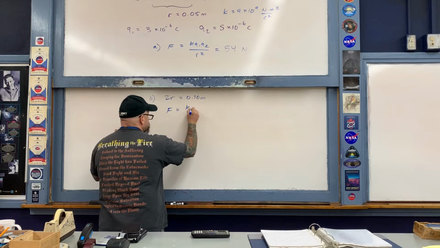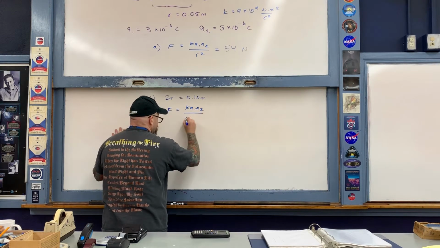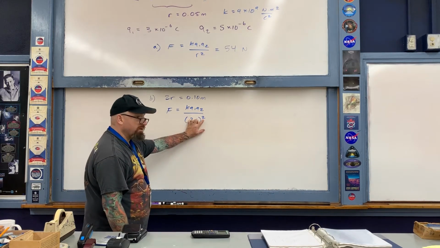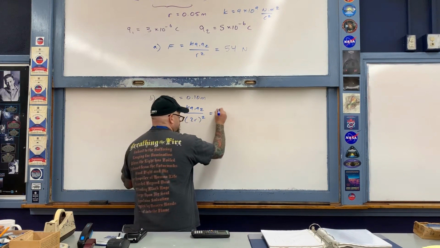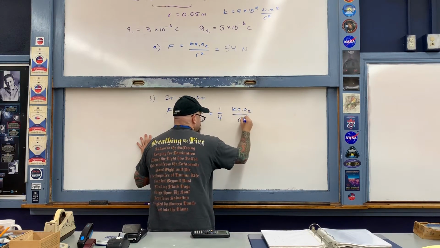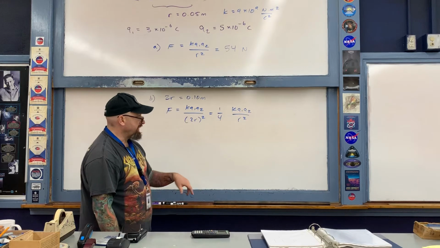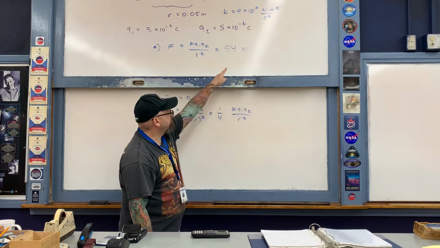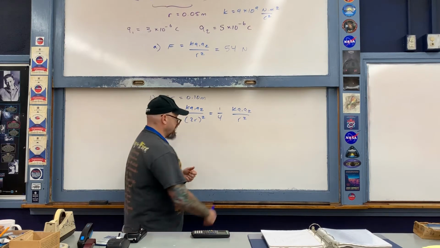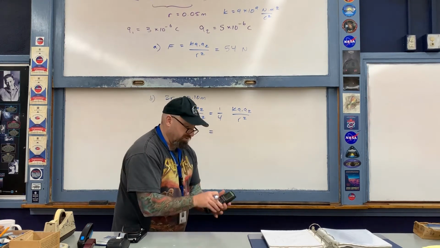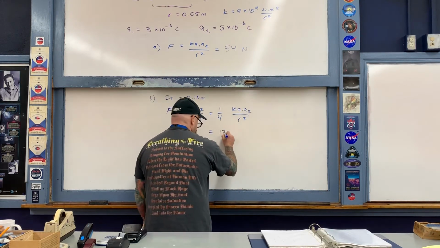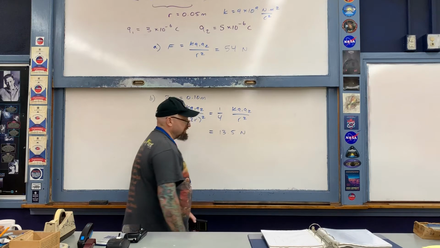The force is going to be K, Q1, Q2 divided by quantity 2r squared. 2 squared, however, is 4. Pull that out in front, and you end up with a value of the force that is 1/4 of the original value. Remember that the quantity we just found is 54 newtons, so the force is 1/4 of that value. Just 54 divided by 4, and that comes out to be 13.5 newtons.